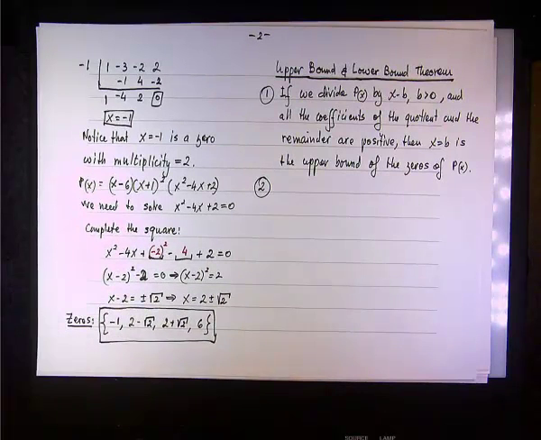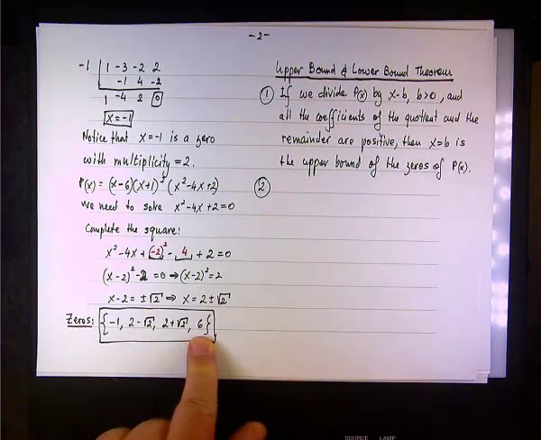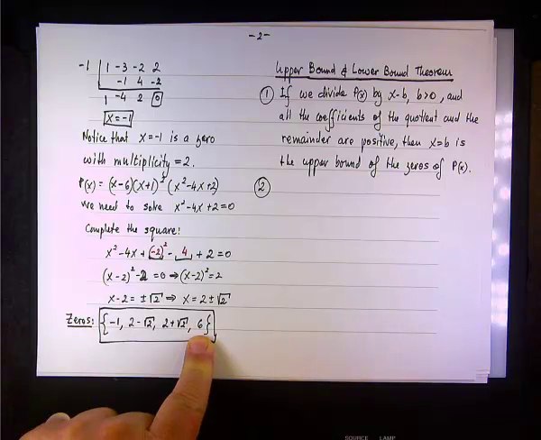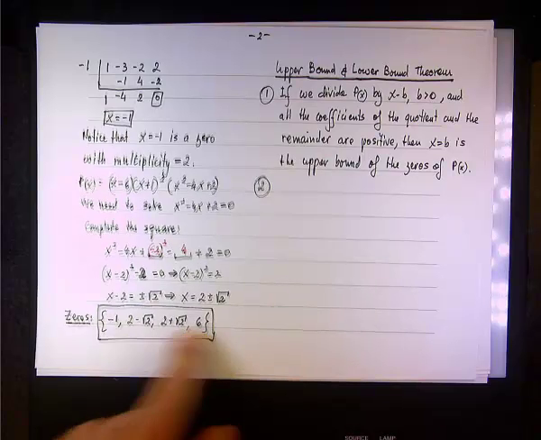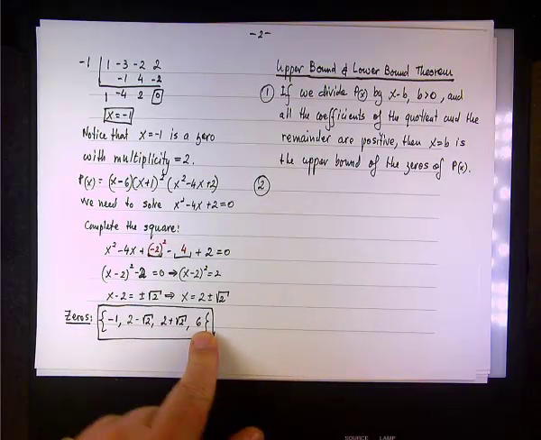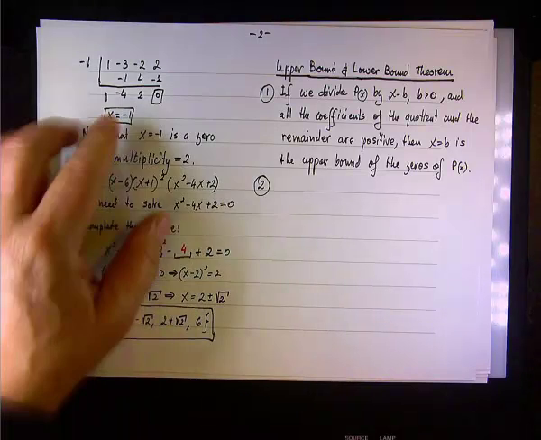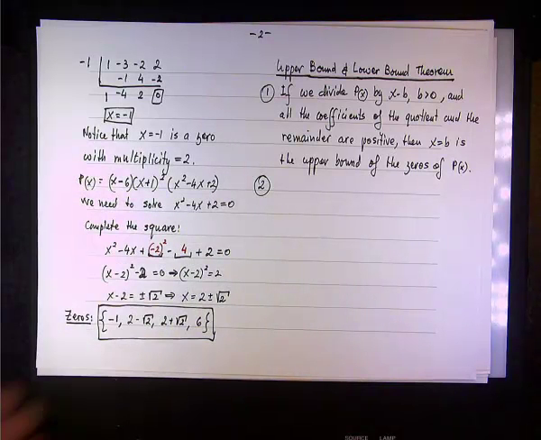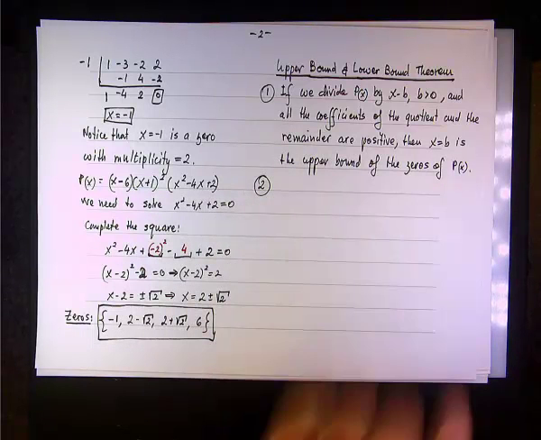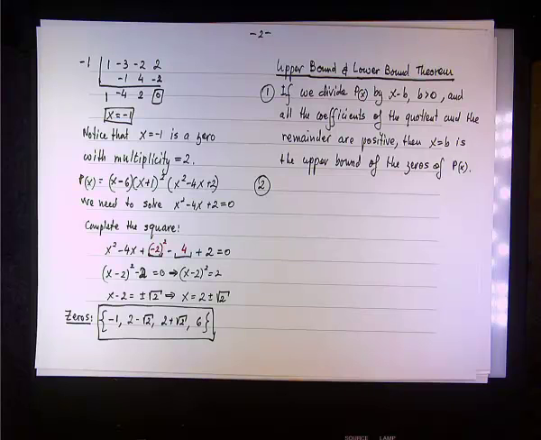Okay, so for example, we know that in the previous example right here, the most positive zero of these four zeros is 6. So for instance, if we divide p of x from the previous example by, let's say, x minus 8, we would expect all the coefficients of the bottom row.